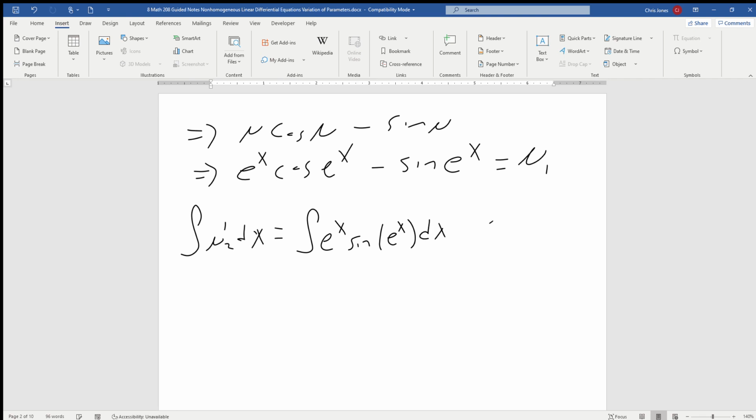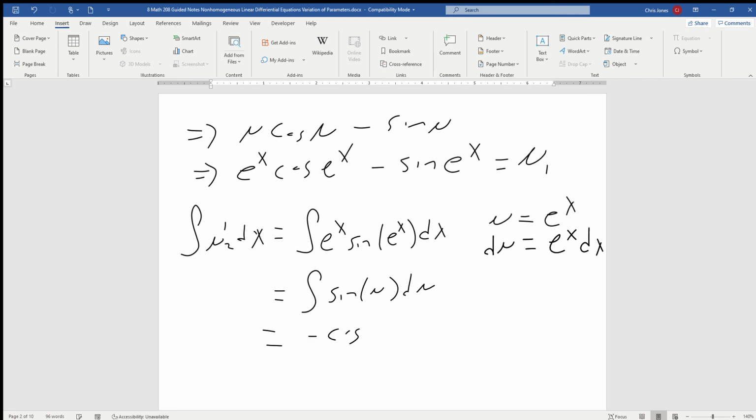This one's another u substitution, so u is going to be equal to e to the x. This time du gives us exactly what we want. All right, so we're going to get integral of sine u du. Antiderivative of sine is negative cosine. And then if we back substitute, that's just going to be negative cos of e to the x.